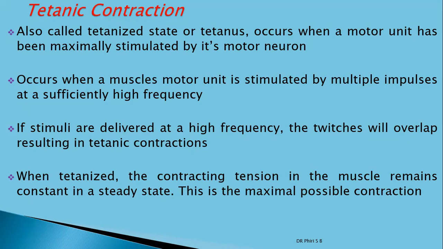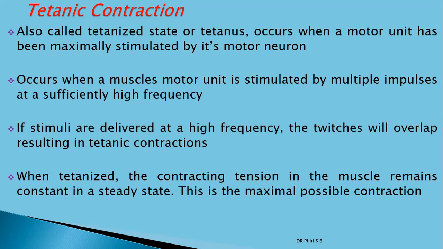So if you have maximum stimulation of the muscle fiber by the motor neuron, then you can have tetanic contractions. It occurs when a muscle's motor unit is stimulated by multiple impulses at a sufficiently high frequency. If the stimuli are delivered at a high frequency, the twitches will overlap, resulting in tetanic contractions. When tetanized, the contracting tension in the muscle remains constant in a steady state. This is the maximal possible contraction.